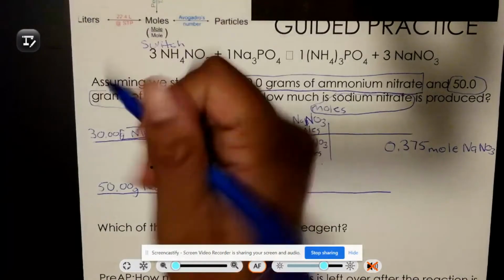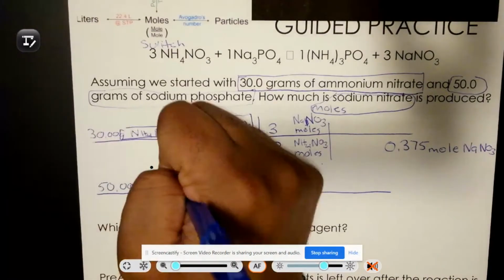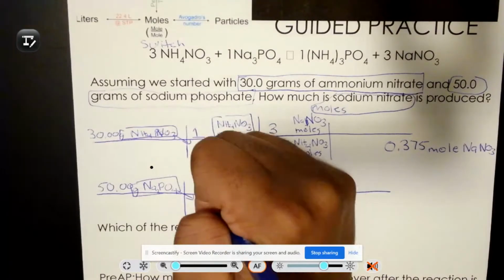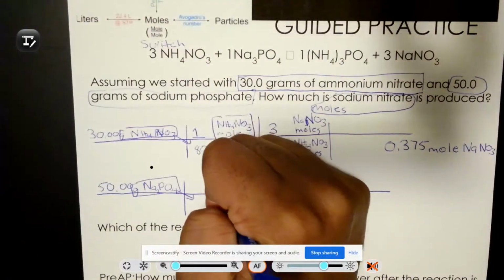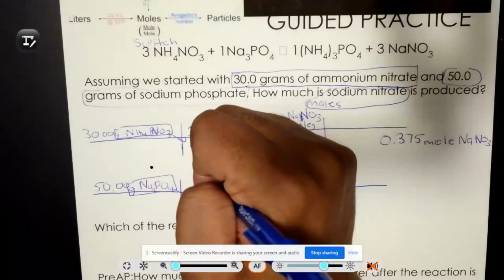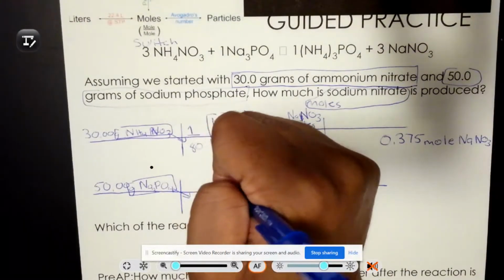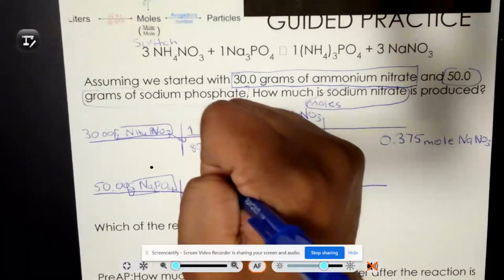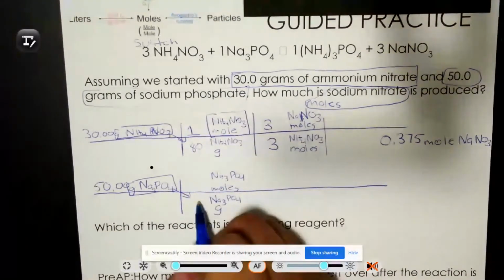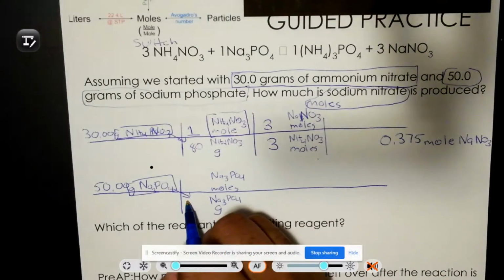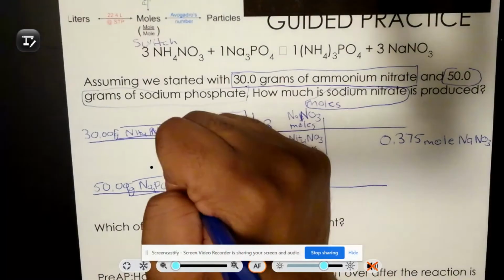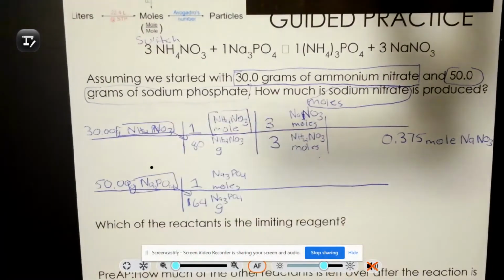So we're going to take our grams here. We're going to take our units. We're going to bring it down. We have grams of sodium phosphate. And then we have moles of sodium phosphate at the top. And then we're going to come here and we're going to have 164 grams of sodium phosphate equals 1 mole.